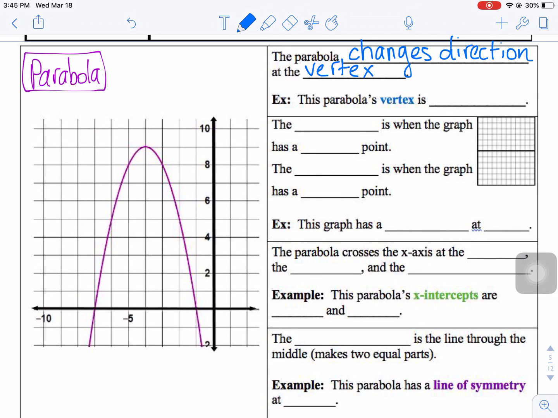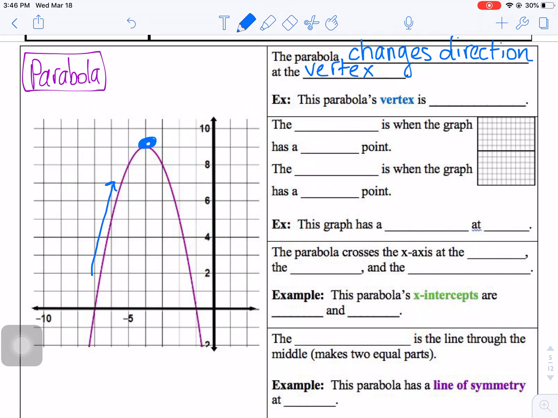So let's look at our parabola on the left. If we start on the left of the parabola, you can see that we're increasing. We reach a point, and then we start decreasing. So we start increasing.